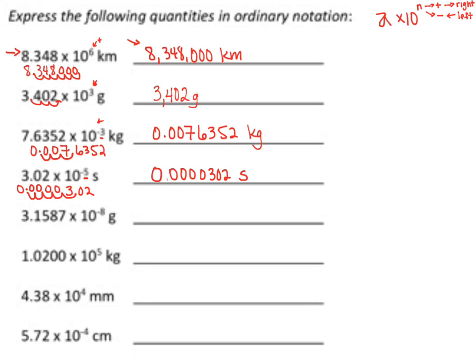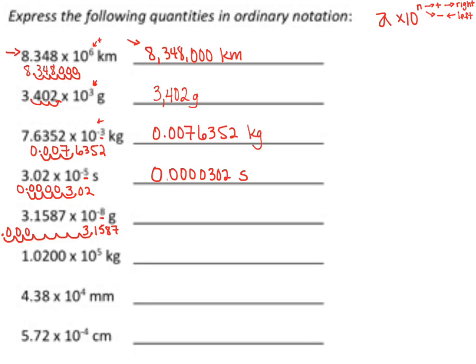All right, next one, an even smaller number, negative 8. So I'm going to give myself some more room. So I have 3.1587. And this time my decimal point is going to be moving 8 places to the left. 1, 2, 3, 4, 5, 6, 7, 8.